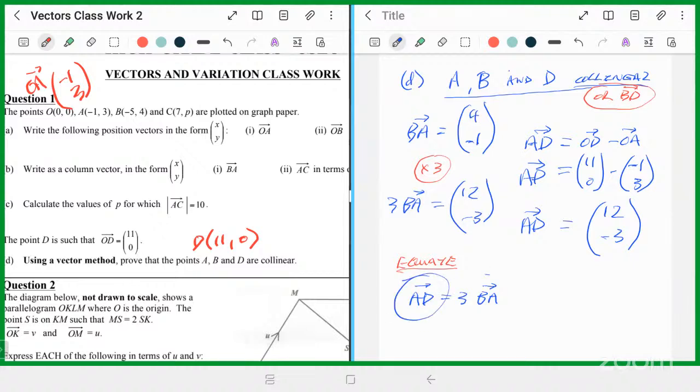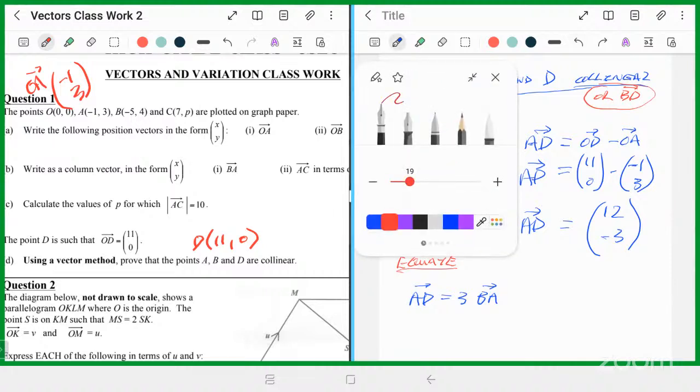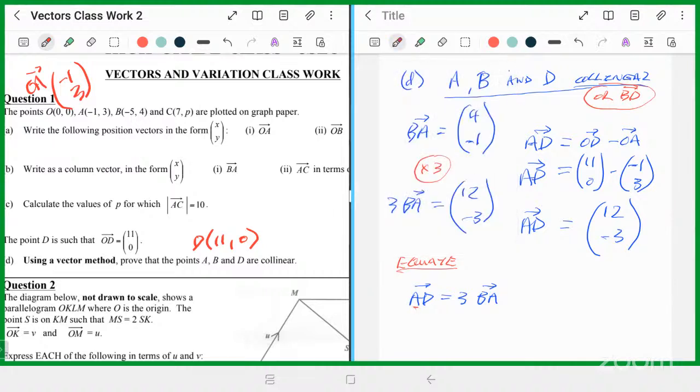Because you have expressed one vector as a multiple of the other vector, it means that these two vectors are parallel. And clearly, there's a common point A on both vectors.